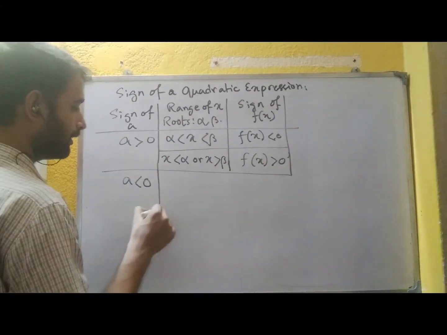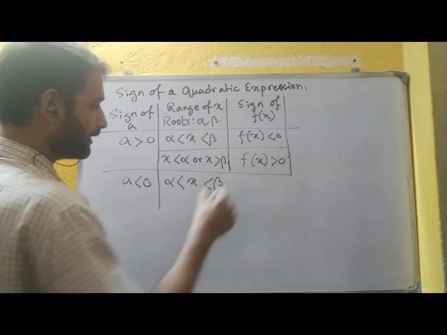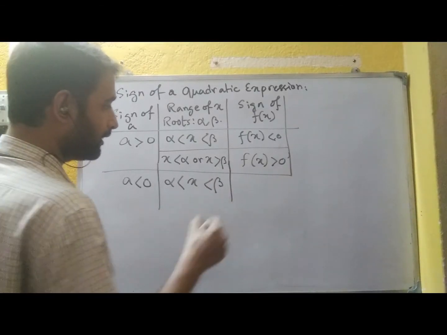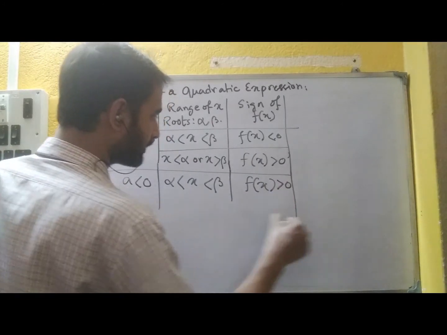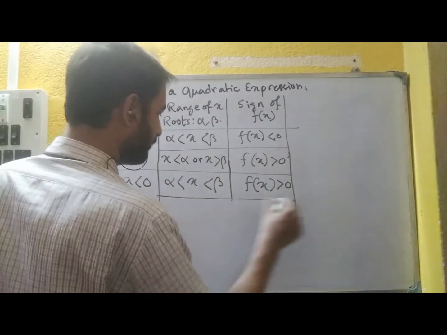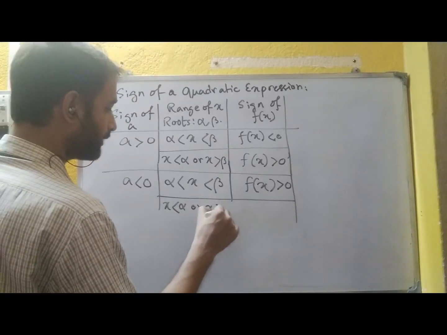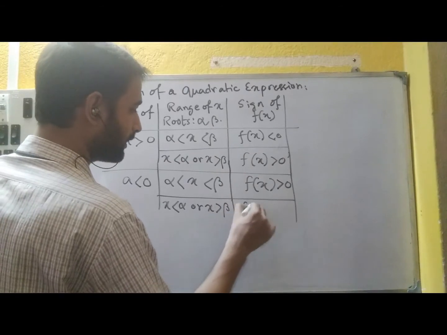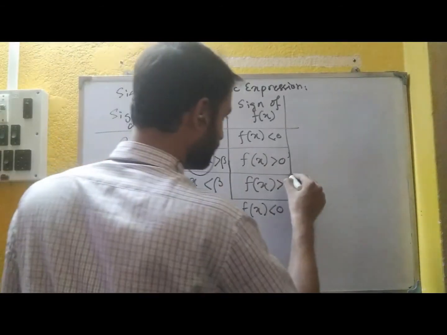Similarly, if you take a less than 0, when alpha is less than x and x is less than beta, then you will get the opposite nature, that is f(x) is greater than 0. And when you are taking x to be less than alpha or x to be greater than beta, then you will get the opposite nature, that is f(x) is less than 0.